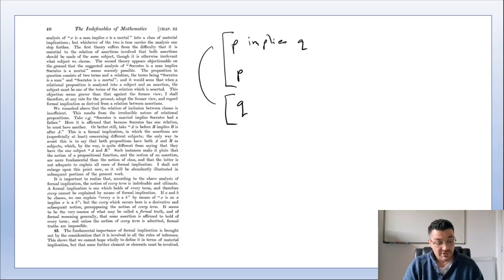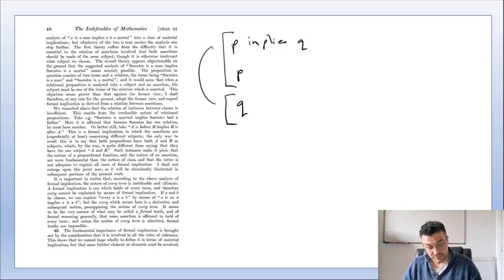To sum up our discussion of formal implication, a formal implication, we said, is the affirmation of every material implication of a certain class. And the class of material implications involved is, in simple cases, the class of all propositions in which a given fixed assertion made concerning a certain subject or subjects is affirmed to imply another given fixed assertion concerning the same subject or subjects.